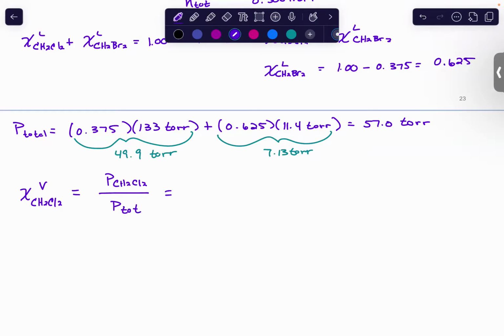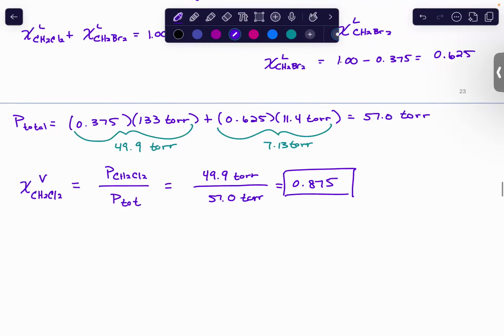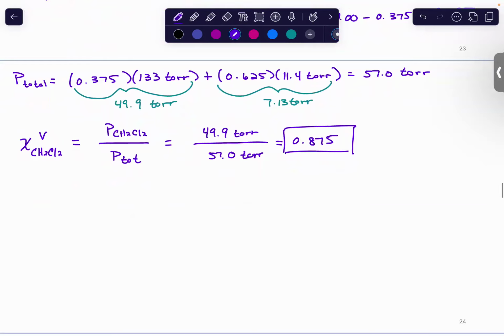For the CH2Cl, that's going to be 49.9 torr over the total 7.0 torr, and I'm going to get 0.875 for that mole fraction in the vapor phase. And I'm going to go ahead and solve for the other one in the way we just used.